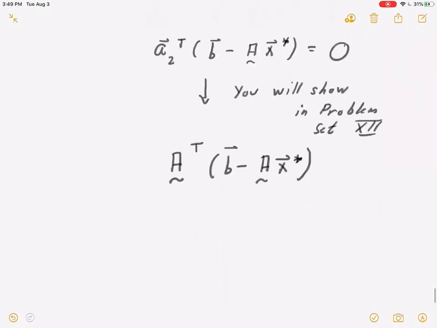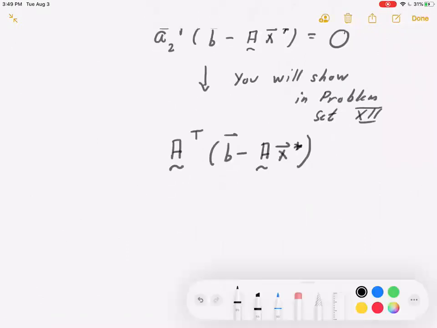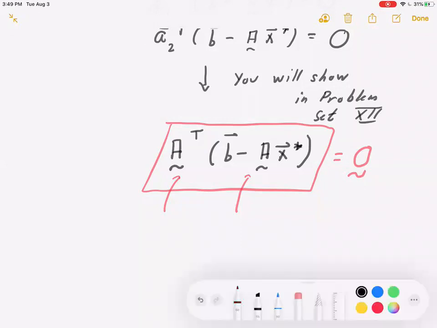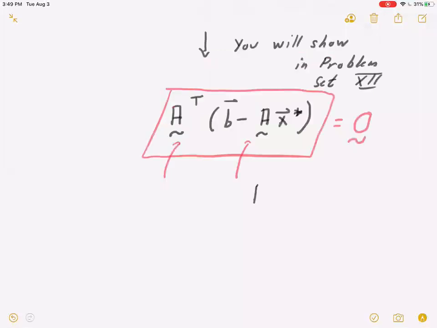This single equation is a matrix equation. I'm multiplying a matrix times a vector, so I have to get a vector. So this thing has to equal a zero matrix. And again, what is A? A is simply a matrix whose columns are A sub 1 and A sub 2.